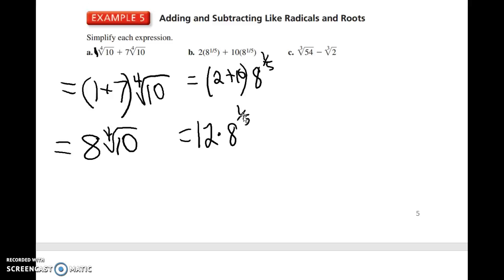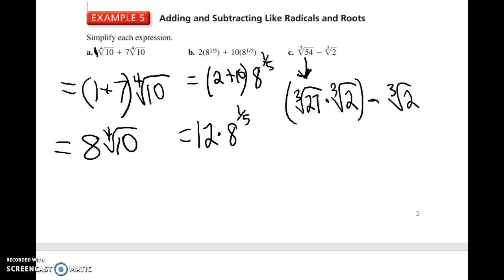Now for part C, I don't see the same thing here. I see the cube root of 54 minus the cube root of 2. So I don't see how that's the same. But we have to simplify the cube root of 54 to be the cube root of 27 times the cube root of 2, because 27 times 2 is 54. And then I still have minus the cube root of 2.